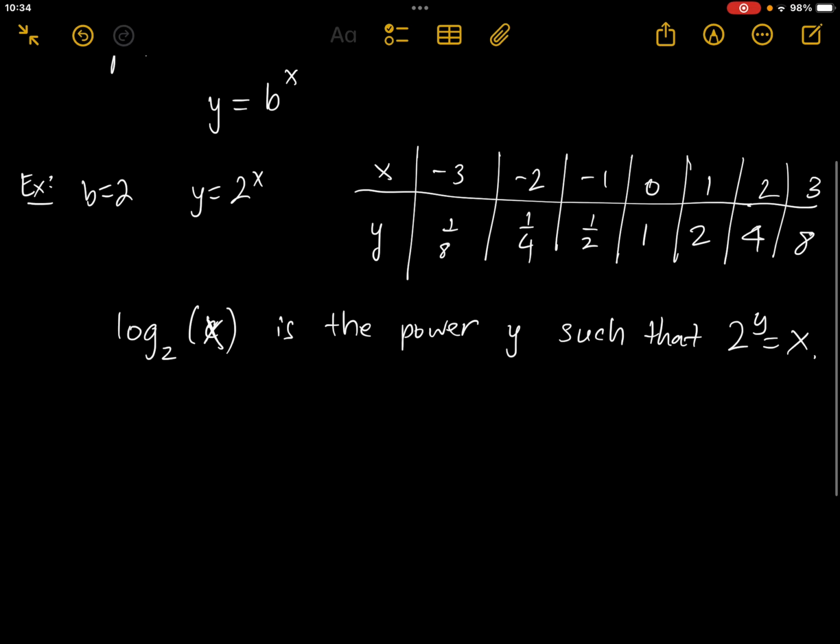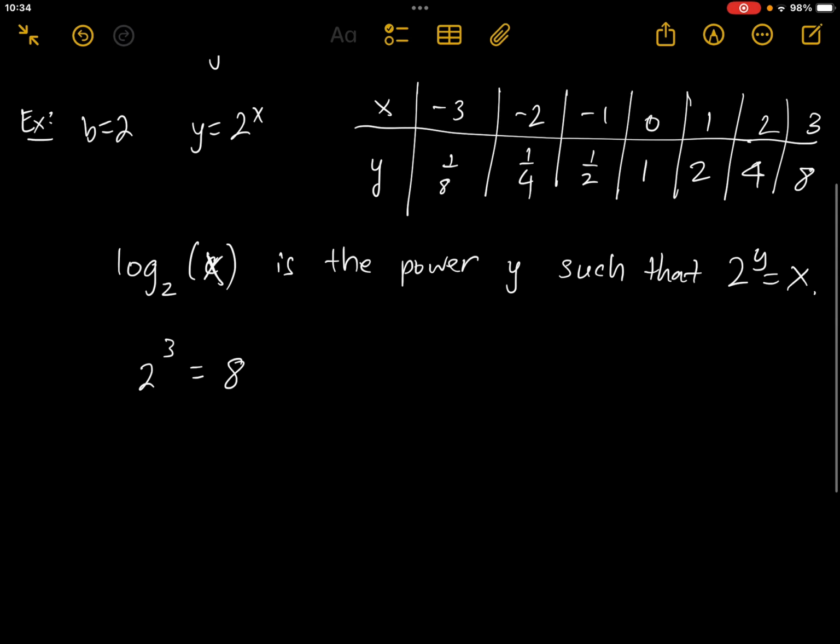So, for example, we know that 2 to the third power is 8, right? So what that means in terms of log sub 2 is that when you plug in 8, you get 3. So the log sub 2 function undoes what the function 2 to the x does.